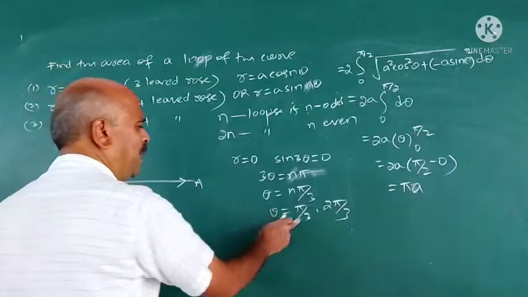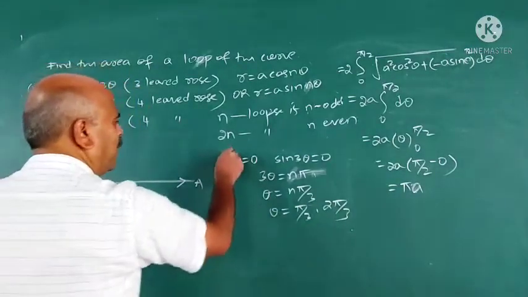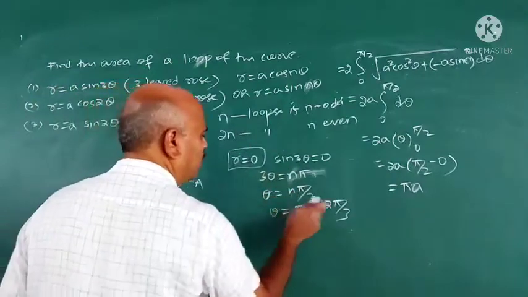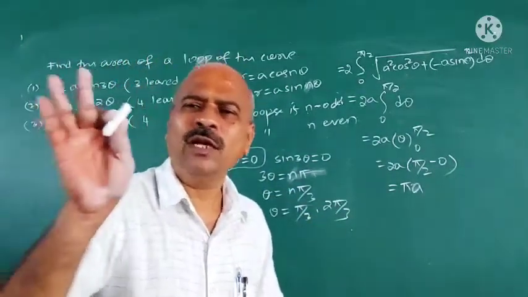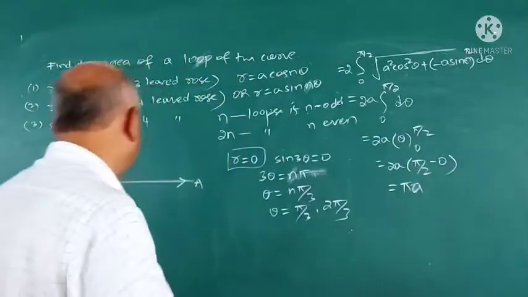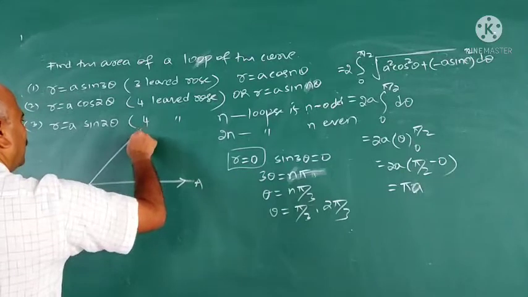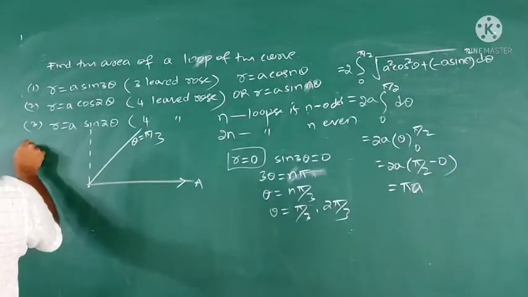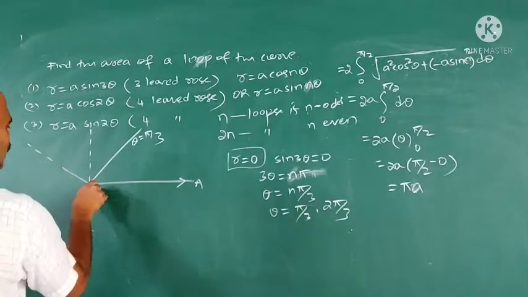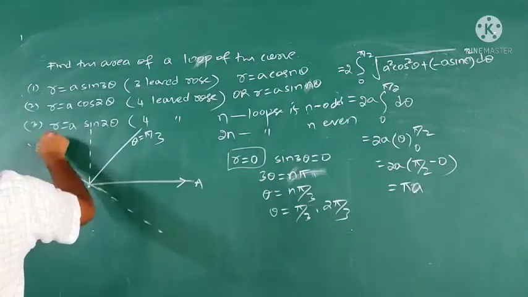Now what are these? If r is 0 gives some real values of theta, then they are tangent lines at the pole. This is theta is pi by 3. This is theta pi by 2. This is theta is 2 pi by 3.